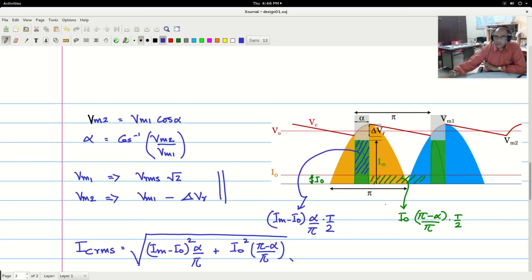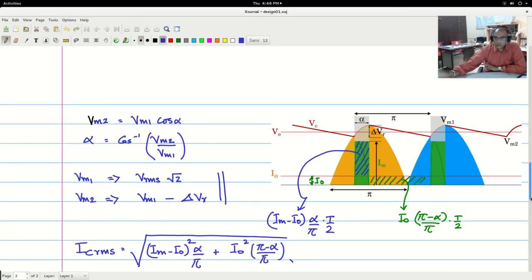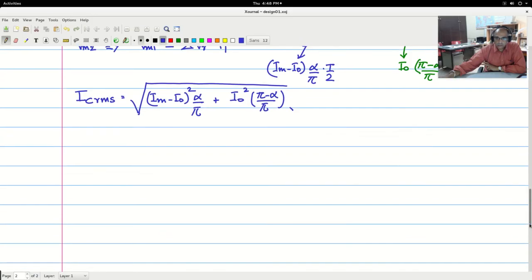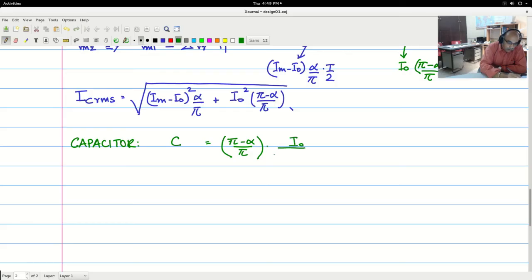So once you know these, you will be able to specify the capacitance. So the capacitance can be specified as follows. The C value is given by the equation that we just now derived, I0 by 2 F into delta VR.